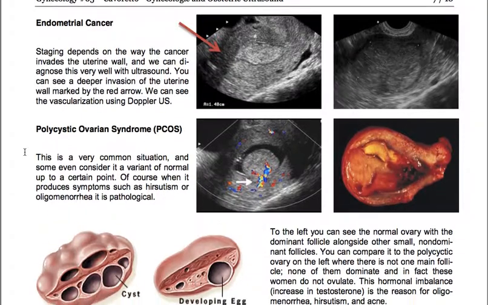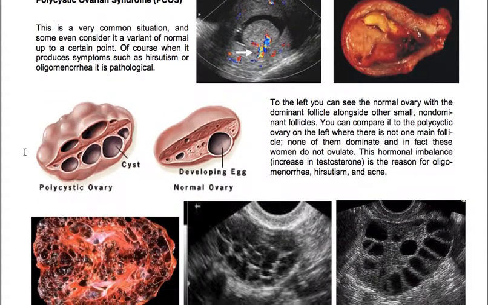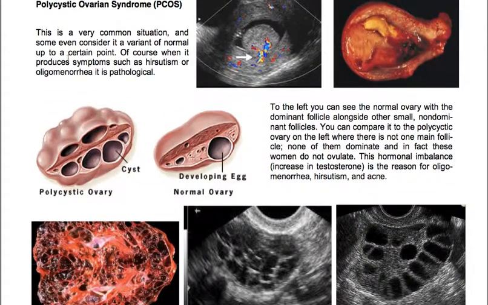Polycystic ovarian syndrome is a very common situation, and some even consider it a variant of normal up to a certain point. Of course, when it produces symptoms such as hirsutism or oligomenorrhea, it's pathological. To the left, you can see the normal ovary with the dominant follicle alongside other small non-dominant follicles.